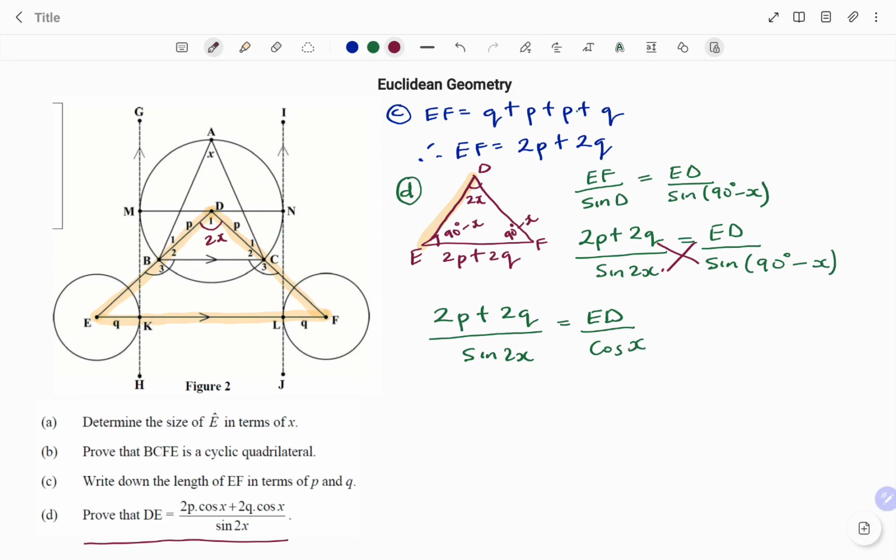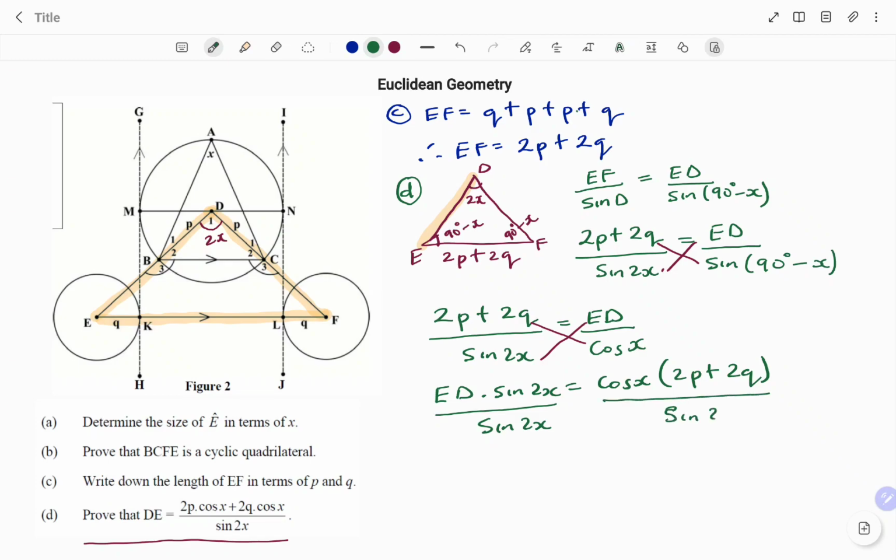So from here, now I'm going to cross multiply, makes it easier. I have ED multiplying sine 2x, and I have cos x multiplying 2P plus 2Q. Dividing both sides by sine 2x, I have sine 2x divided by sine 2x, that's one, leaving ED.